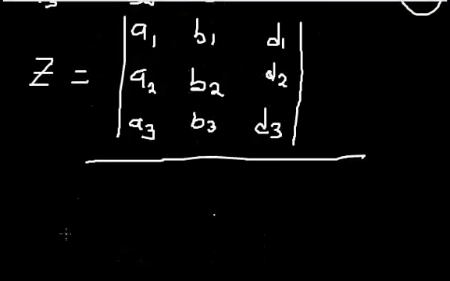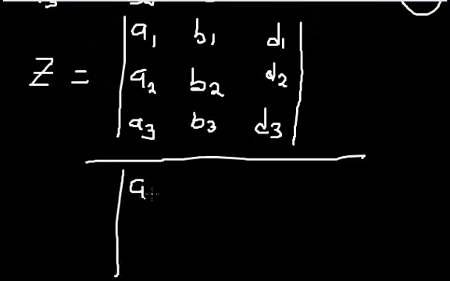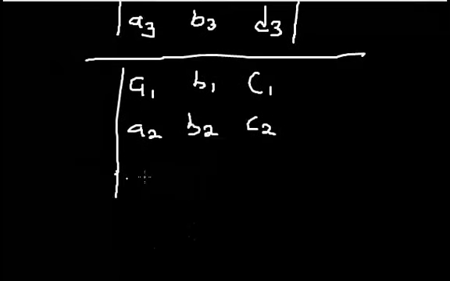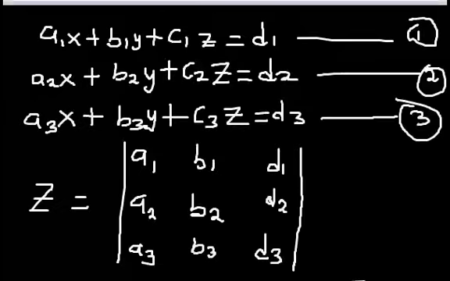Then divided by a1, b1, c1, a2, b2, c2, a3, b3, c3. So that is how we evaluate that equation.